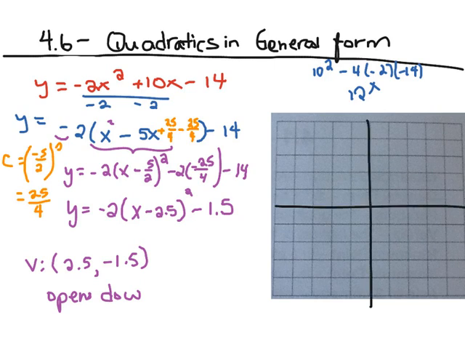Your vertex starts at 2.5 over and negative 1.5 down. So here's our vertex. And if we were to do a normal x squared, but it's 2x, so we go over 1, down 2, because it's a 2x squared. It's stretched by 2.